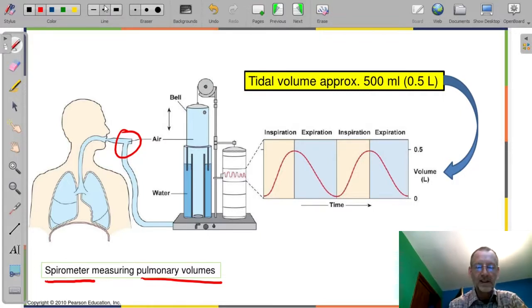And on this device, the drum goes round and round, and as it spins, the little pen goes up and down, tracing the volume. And then you get a tracing like this, and it just shows, again, the tidal volume. Increase, decrease, etc. That's pretty straightforward.